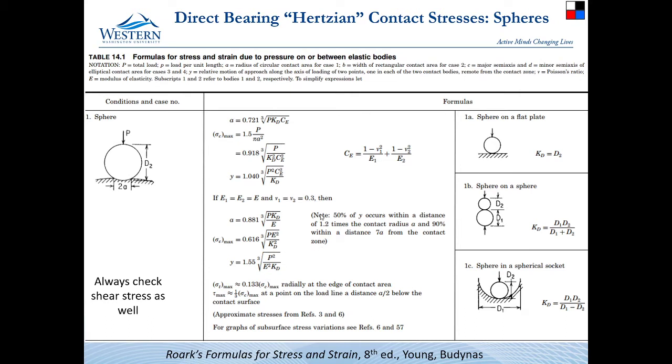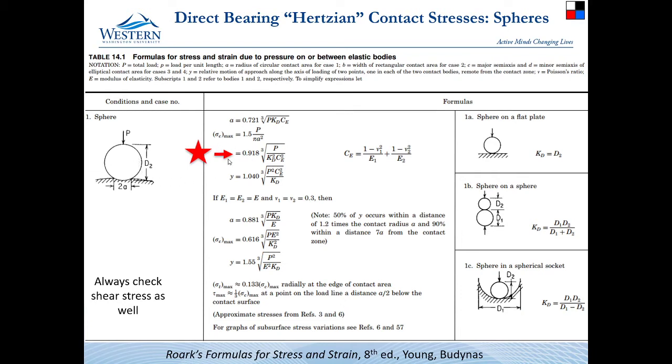What we are solving for when we do this is two things. We're going to solve for the maximum stress that is achieved when you put the load on the sphere.